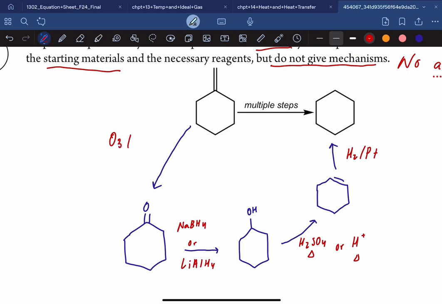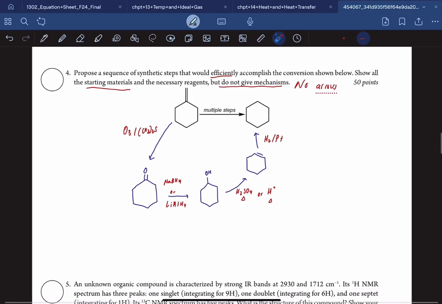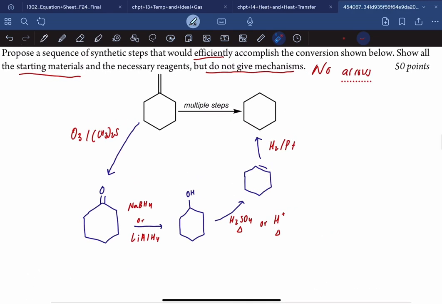And then you must use (CH3)2S. You should couple it with this as like a solvent. But that would effectively do that. So this looks like a pretty good synthetic route you can take. If you worked from the front, you might be a little bit confused as to how to maneuver with this.